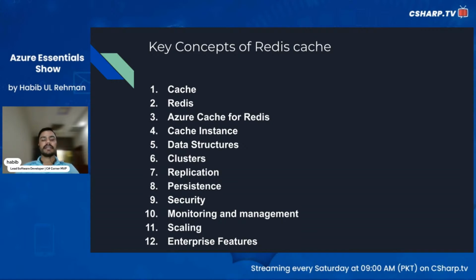Clusters consist of multiple Redis nodes working together to provide higher availability, scalability, and fault tolerance. Clustering allows horizontal scaling and enables large data sets to be partitioned across multiple nodes, improving performance and reliability.